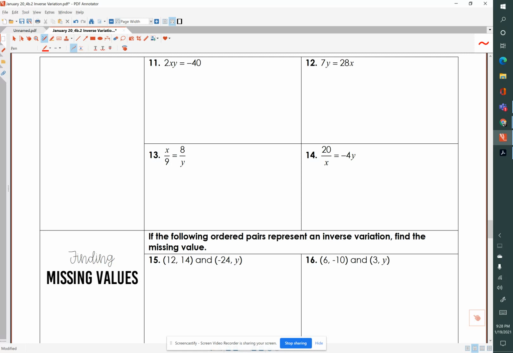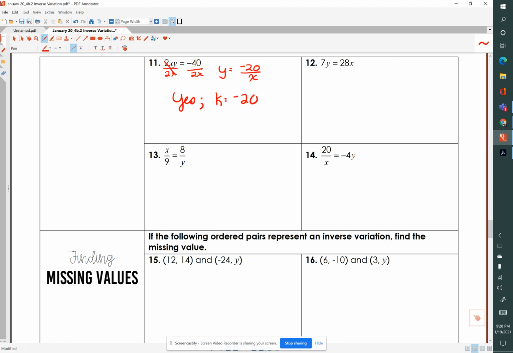So in number 11, I will solve for y, I will divide both sides by 2x. And when I do, I have y equals negative 40 divided by 2 is negative 20 over x. And the answer is yes. And our constant of variation is negative 20.